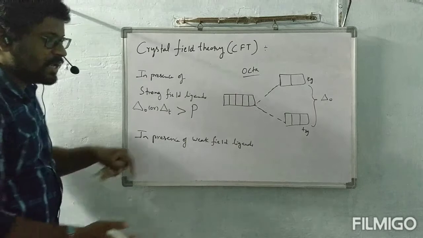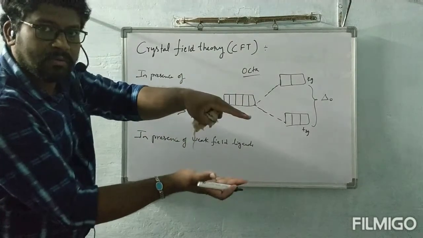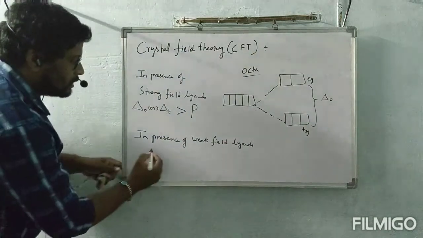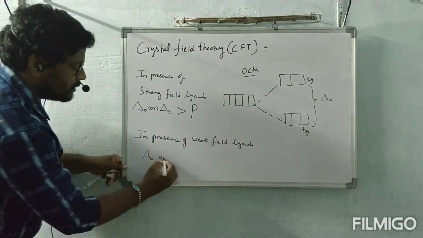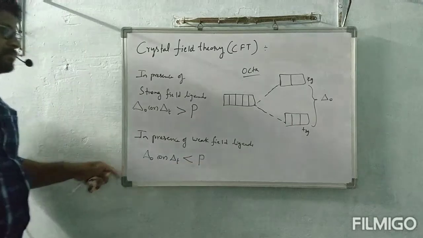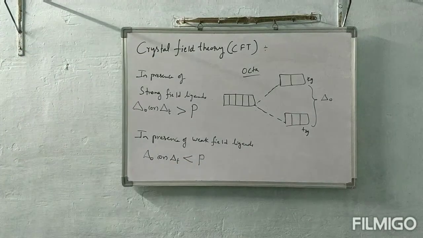In presence of weak field ligands, the splitting is low. So this one will be low only. When it is low, delta naught or delta T is less than P. So what did I write on board? Observe all of you.